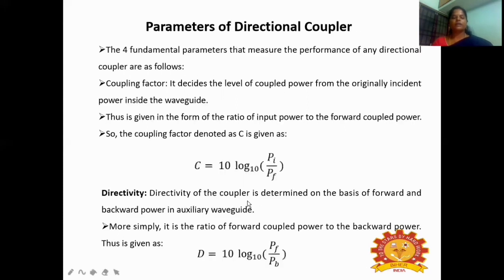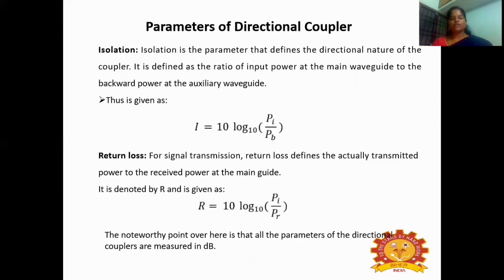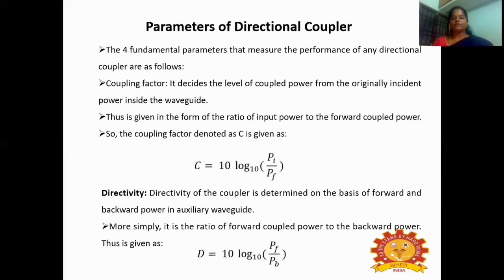Here we are going to see four fundamental parameters which are used for analyzing the performance of the directional coupler. Those fundamental parameters are coupling factor, directivity, isolation, and return loss. First, coupling factor. The coupling factor can be defined as the ratio of input power to the forward power.